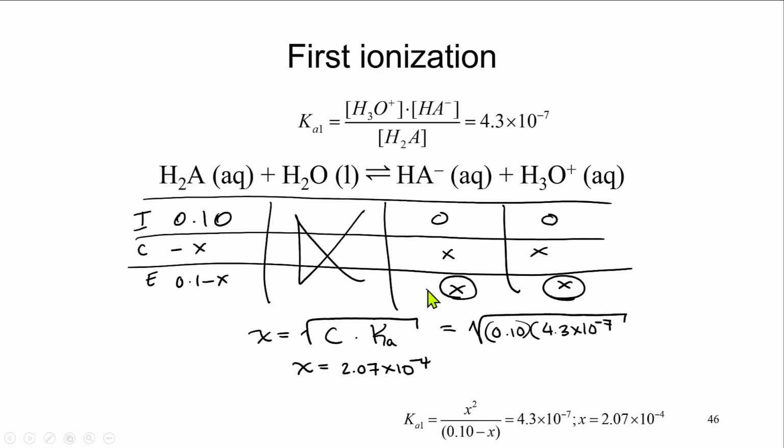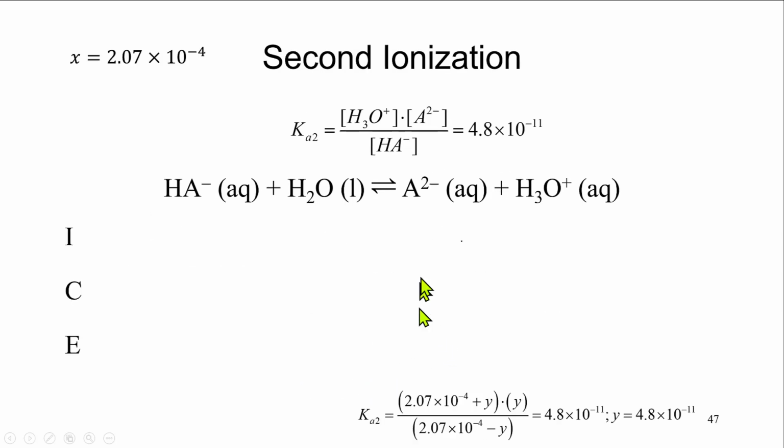Okay, so now this value feeds into the next reaction twice. So I have my ice table, right? And then I have 2.07 times 10 to the minus 4 here. And then I have 2.07 times 10 to the minus 4 here. So this is going to be minus x. Now there's no A2 yet, no conjugate base of the bicarbonate ion made yet.